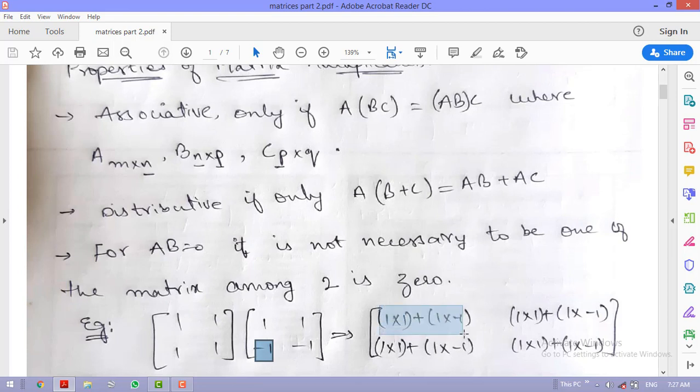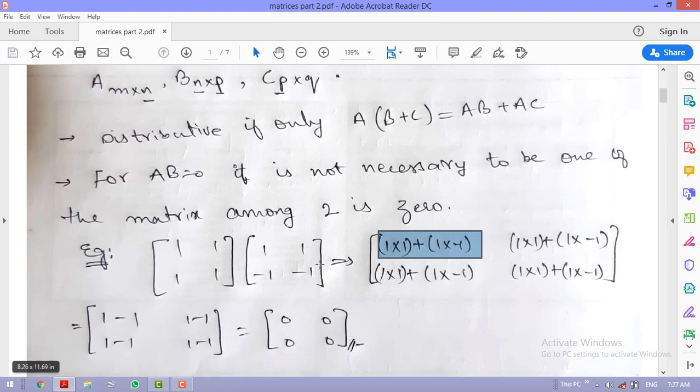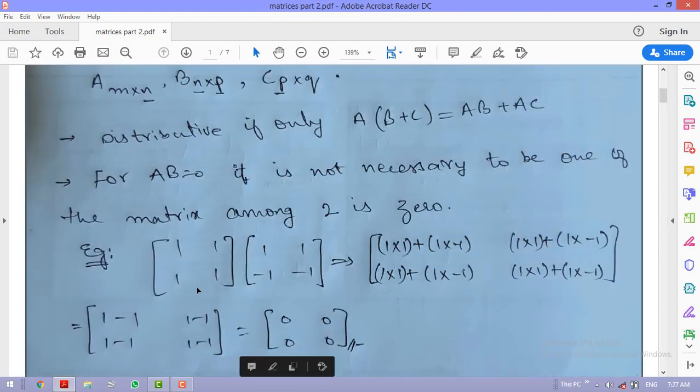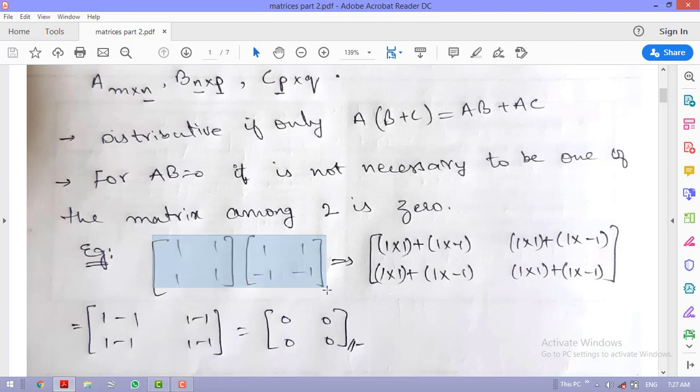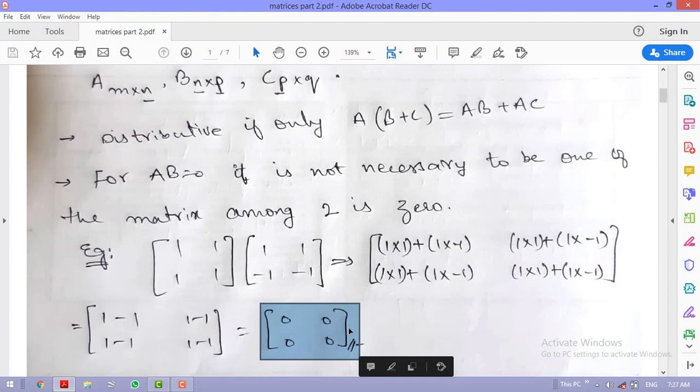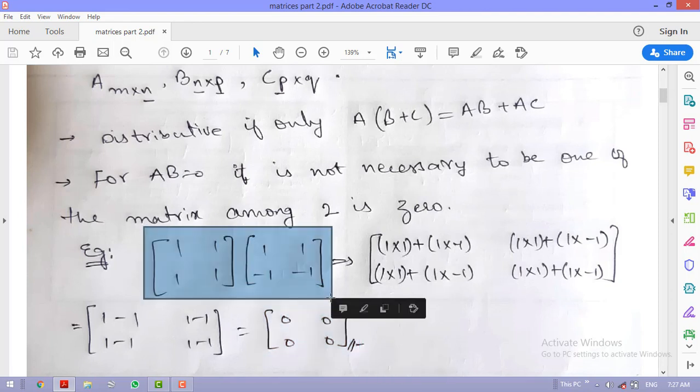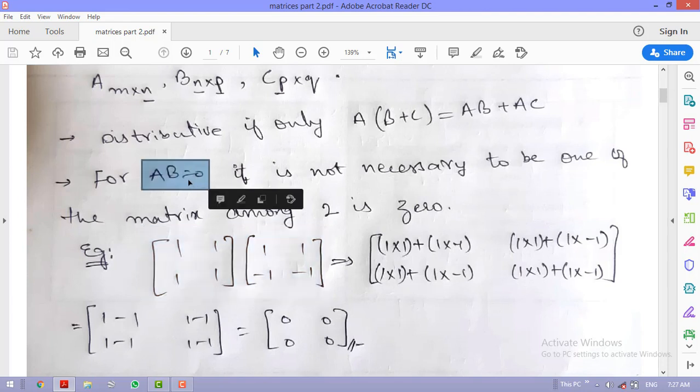When I perform the complete multiplication, you can see 1 minus 1, 1 minus 1, 1 minus 1 and 1 minus 1. So the resultant matrix of these two matrices is nothing but [0 0; 0 0], which is a null matrix. So here you can see that AB is equal to 0, but it is not necessary that among these two matrices one matrix is 0, right? I hope you understood this property of the multiplication of matrices.